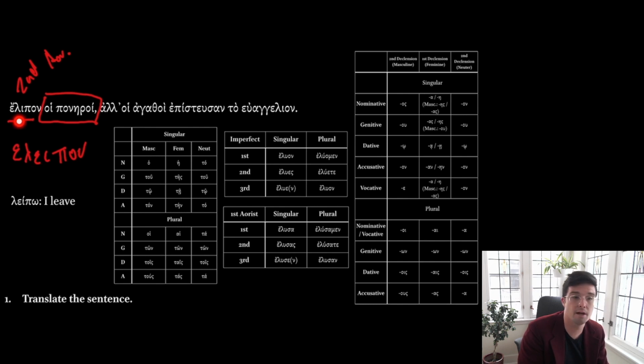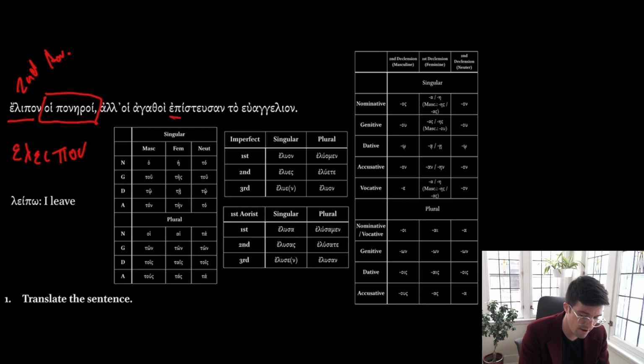But because the epsilon is gone, it has changed its verbal root. And it's changed its verbal root because it's a second aorist, and that's what second aorists do. The epsilon here is our augment, telling us we have past tense. So the evil ones left. So simple action. If it were imperfect, it would be were leaving. But because it's second aorist, simple action, it's the evil ones left. So that's our first clause here.